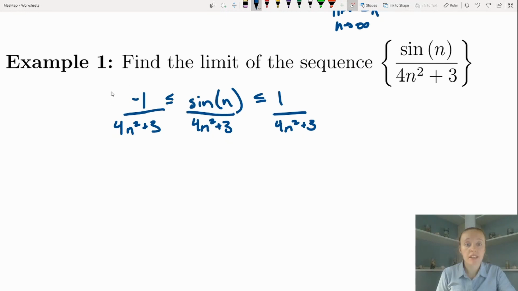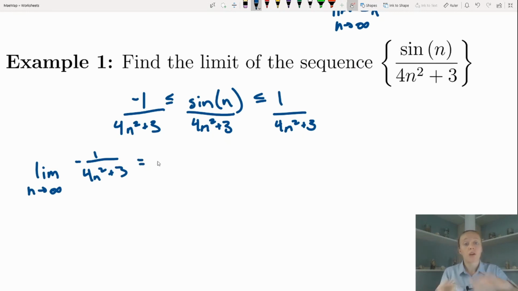Now, if this is my a sub n and this is my c sub n, I'm going to take the limit of each of those. So the limit of -1 over 4n squared plus 3 as n approaches infinity is going to equal what? As n gets larger, that denominator gets larger, so my overall fraction will get smaller, so this goes towards 0.